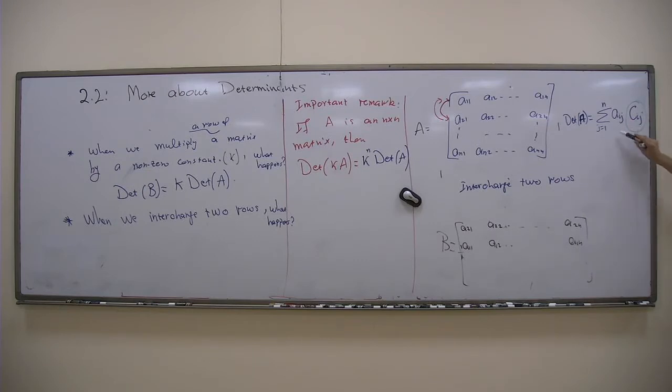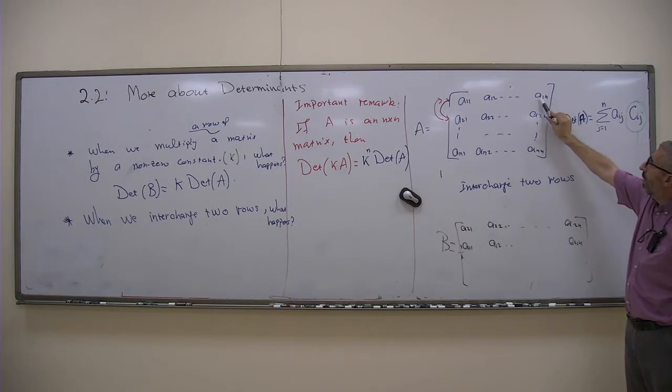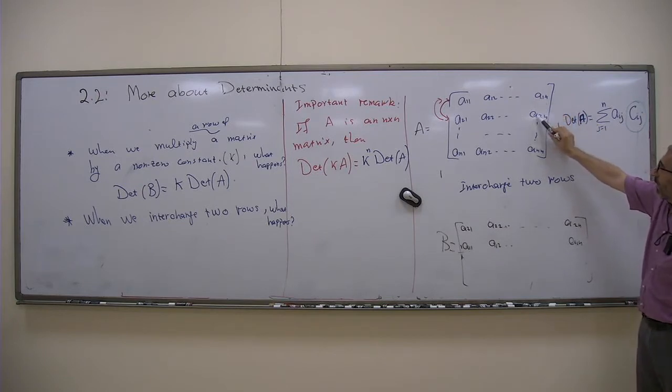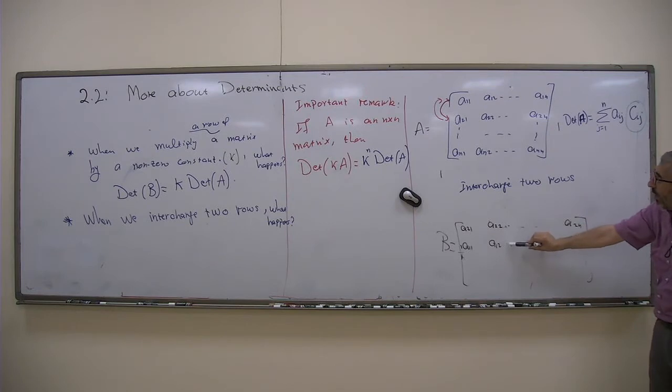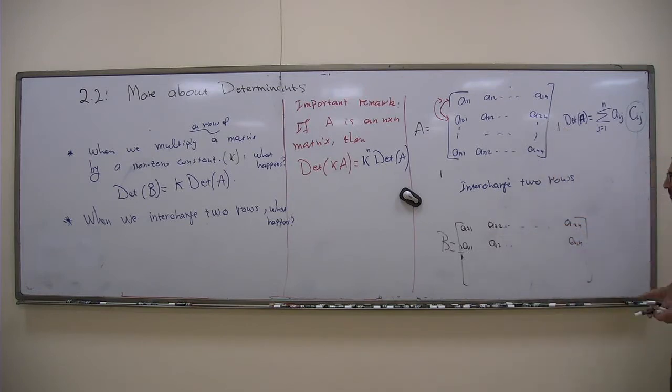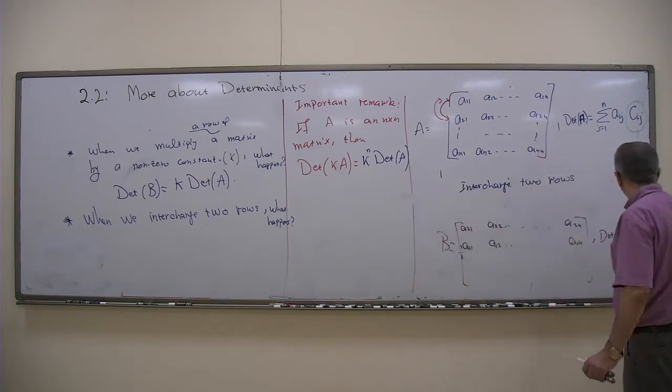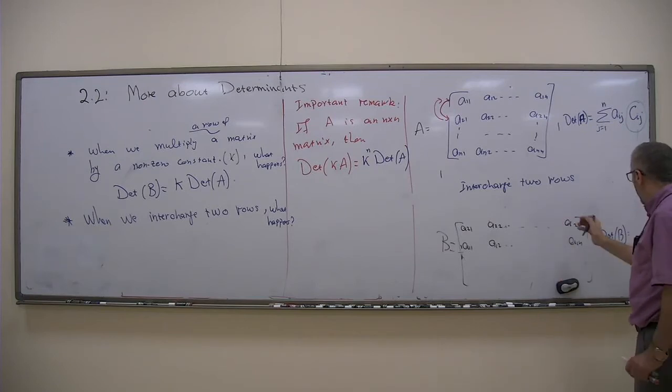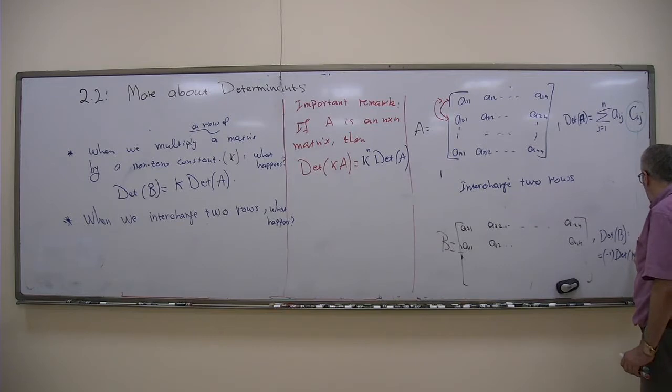If you do it here using the same row that you interchanged, that is going to contribute a negative sign to determinant of B. Determinant of A. I'm not going to write that, but you can see it right away. So that's going to be -1 determinant of A.